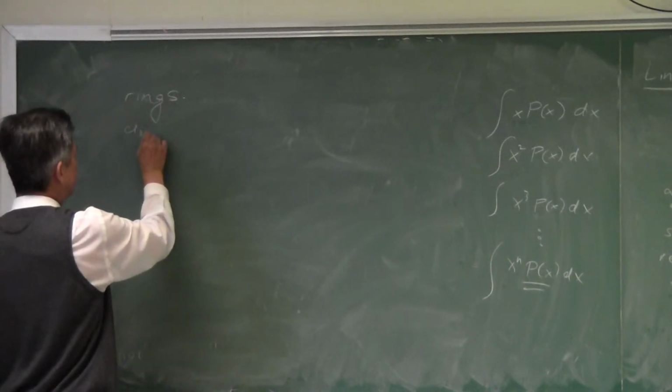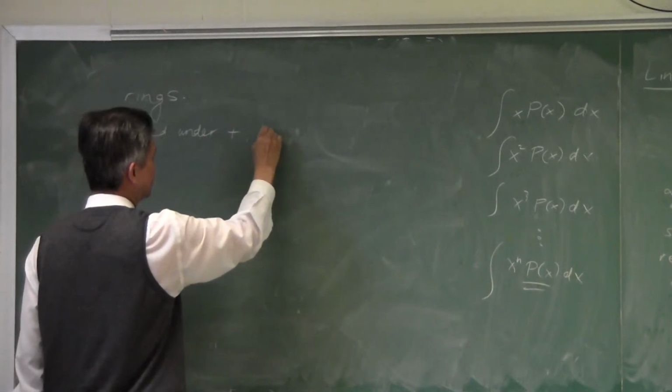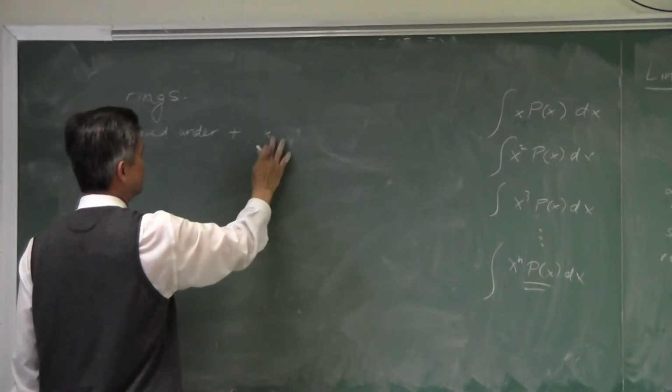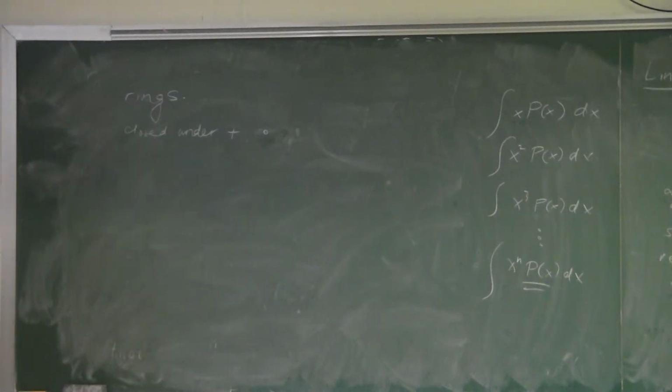So they're closed under addition and multiplication. Another example of a ring is polynomials. If you add two polynomials, you get polynomials. If you multiply two polynomials, you get polynomials. But rings don't have their inverse.